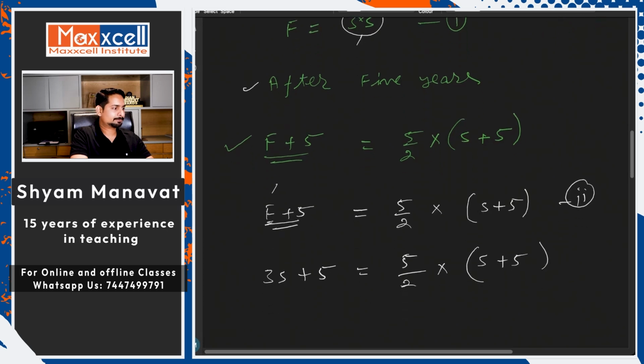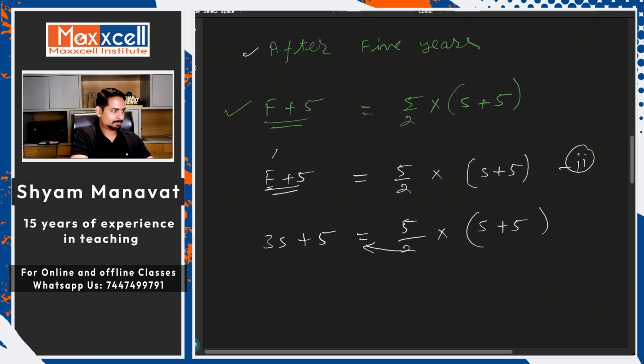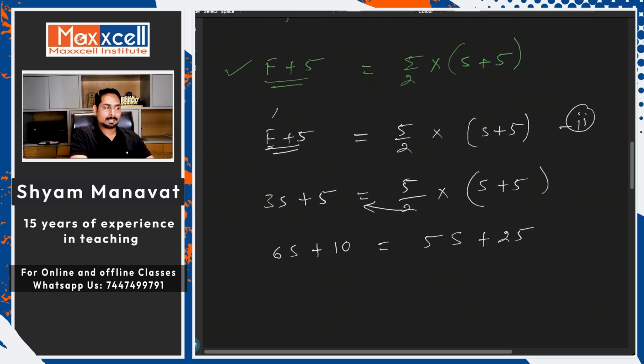Cross multiply, 2 multiply here, this will become 6S plus 10 equal to multiply by 5, 5S plus 25. Correct? Are you getting it? 5, open the bracket. Now this is not 55, okay, this is 5S.